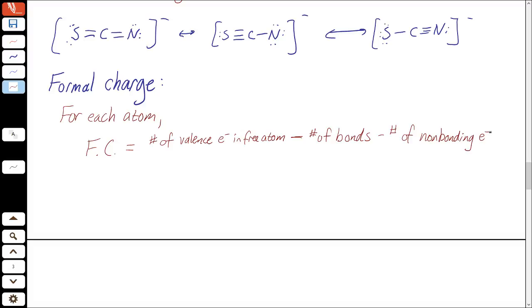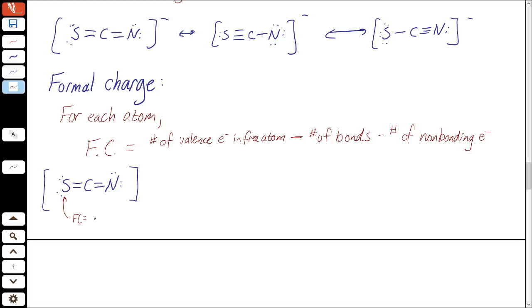So let's try it. Let's take that first structure, SCN with the double bonds. Okay, so if we look at sulfur here, to calculate the formal charge, we take the number of valence electrons in the free atom.